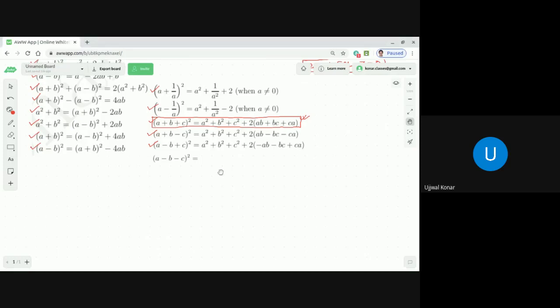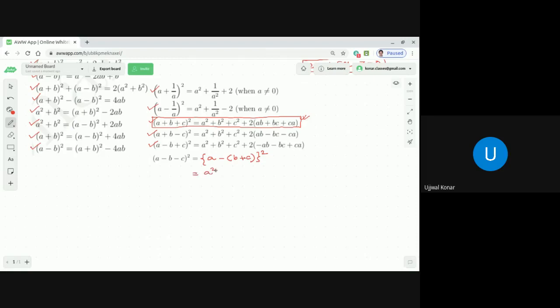So how can we find it out? What we can write here is that this is equal to a minus (b plus c). Correct or not? We can write (a minus (b plus c)) whole square. Then what we are going to get?